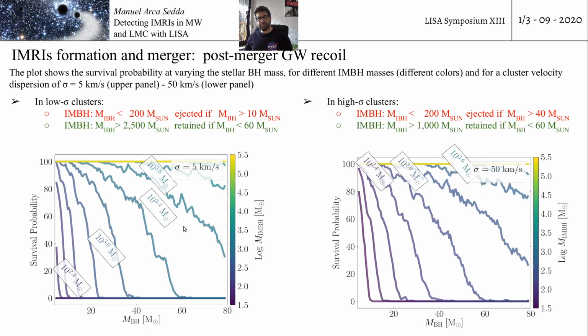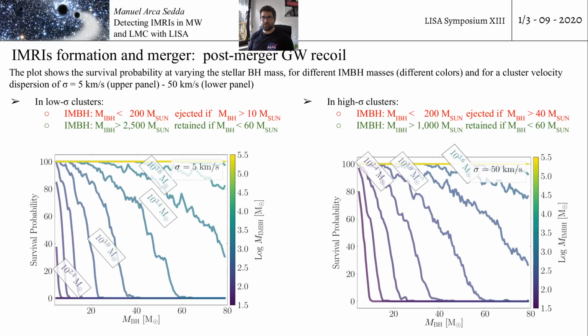When you do this, we have basically one bottom line: whenever the IMBH mass falls below 200 solar masses, it is most likely to be ejected whenever the companion black hole mass exceeds 10 solar masses. While if the IMBH mass is already of the order of 1,000 solar masses, then it's most likely to be retained upon merger with a stellar black hole unless the mass exceeds 60 solar masses.